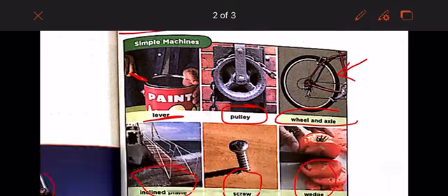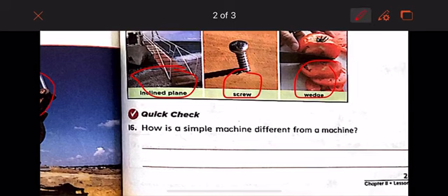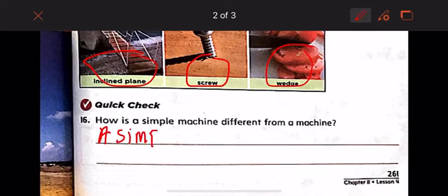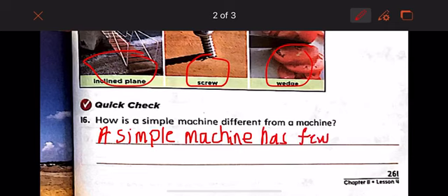Okay, let's do this quick check together. How is a simple machine different from a machine? So, a simple machine has few or no moving parts.